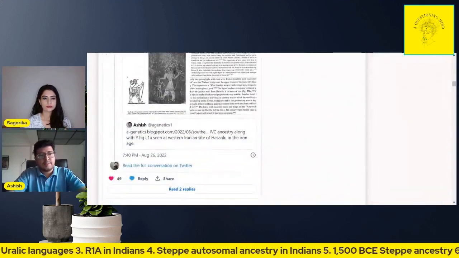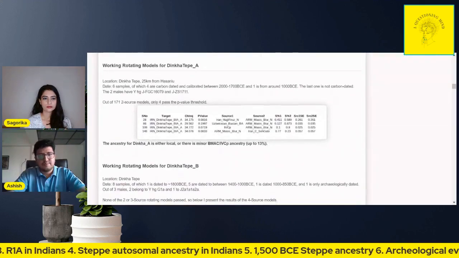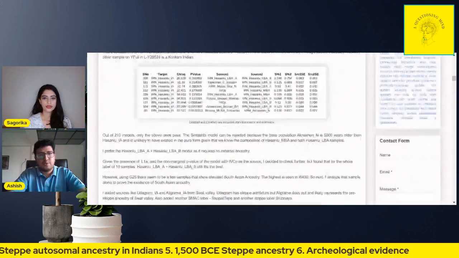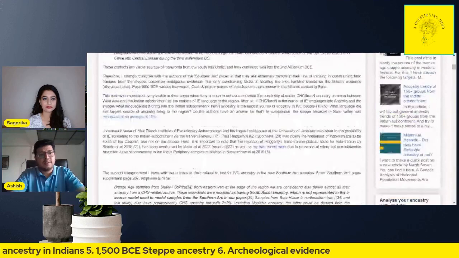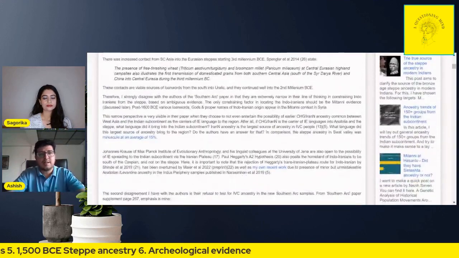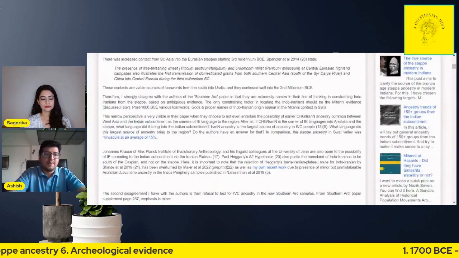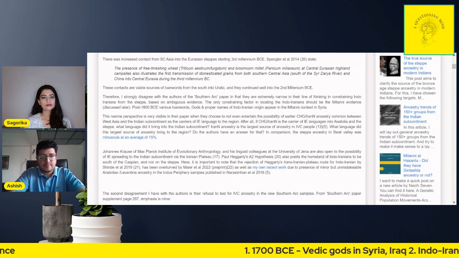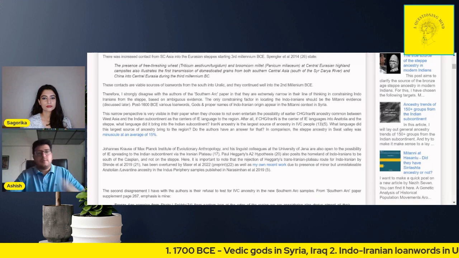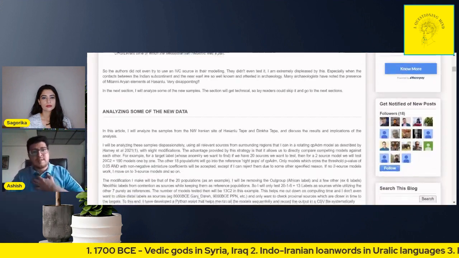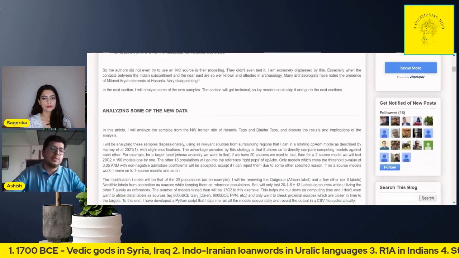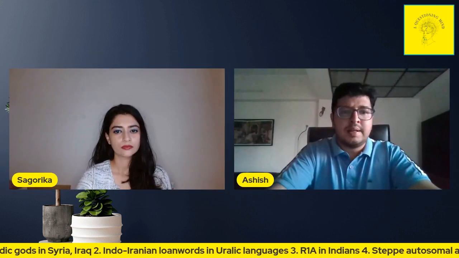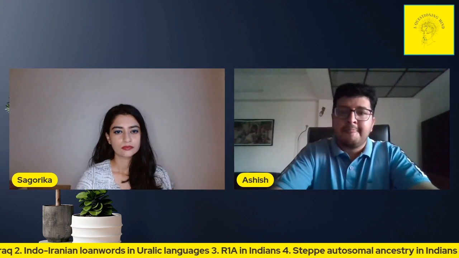Now this 1500 BC invasion of steppe people into India, even that is a very tentative date. In my latest post, I have tried to figure out which is the exact steppe source into Indians. My conclusion is that it's probably something related to a Turkmenistan Iron Age sample of 850 BCE, so a much later sample.